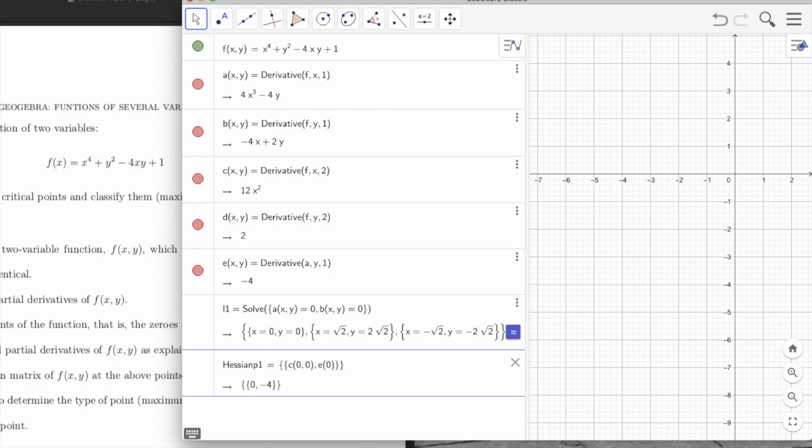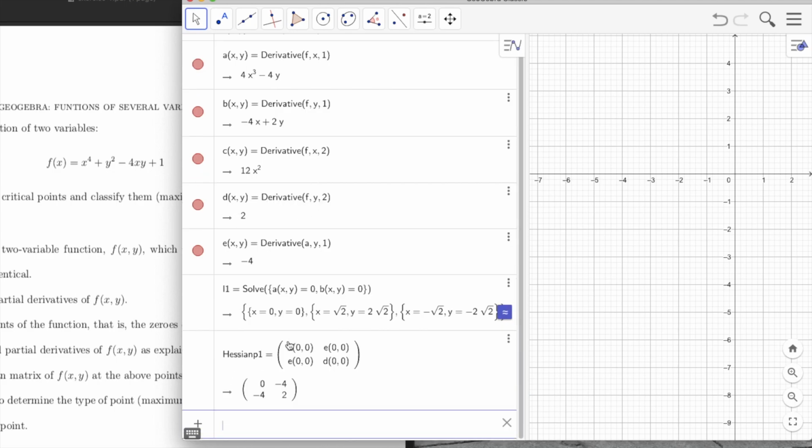So e(0,0). We close the first row. On the second row goes the mixed, e(0,0), and then the second derivative with respect to y twice, which is d(0,0). And that's the Hessian at the first point.